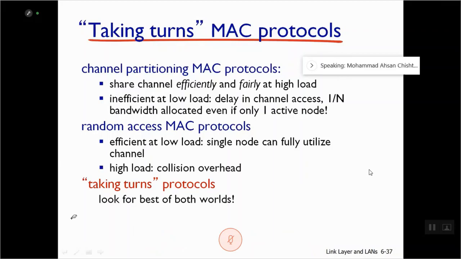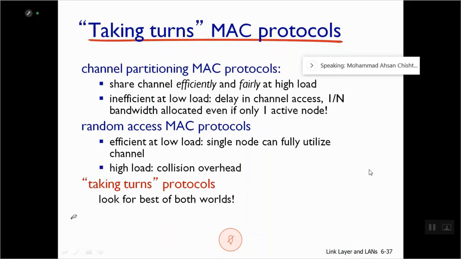But with Aloha and CSMA, which had the property that if there is only one node transmitting, it gets R bits per second, the second property was not there, that if there are n nodes, we get a throughput of R divided by n.